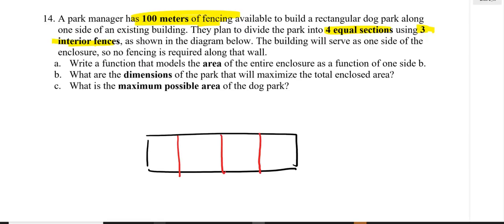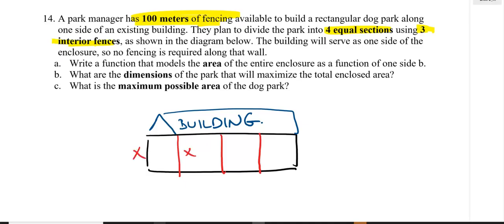So this side is the building, so we don't need the fencing here. We don't know how much we're using here, and we don't know what each of these sections is.